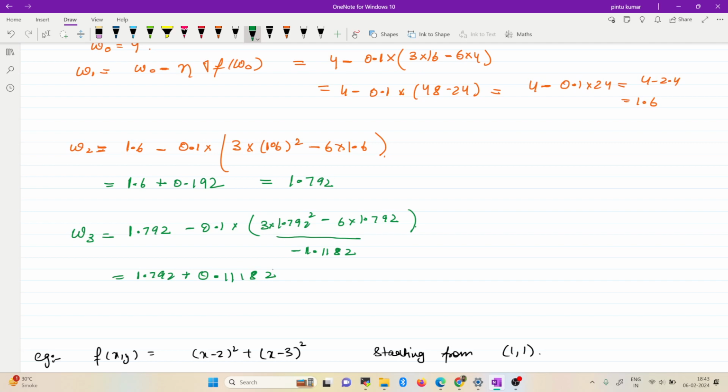Okay, so we have obtained something like 1.90382. This was for just one dimension. Similarly, we can do it for 2 dimensions. We'll see it in the next example.